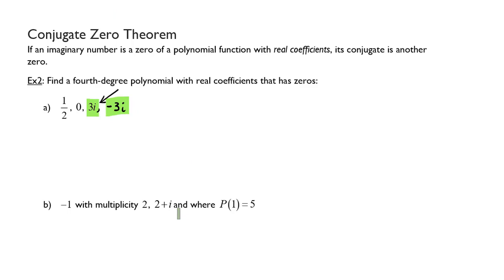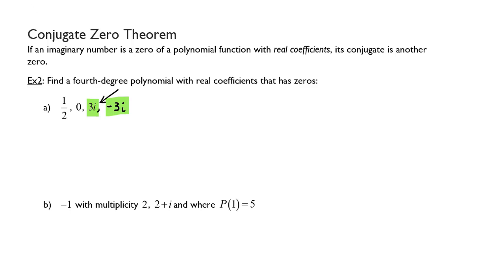As soon as I see anything with an i in it, I know that it will have a complex conjugate. And remember, all that a conjugate means is the opposite sign of what you were given.